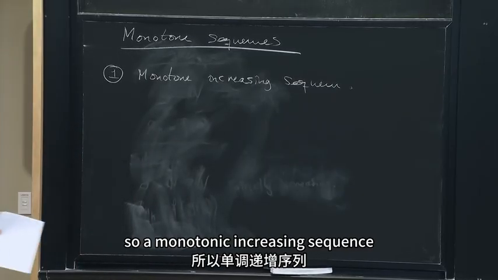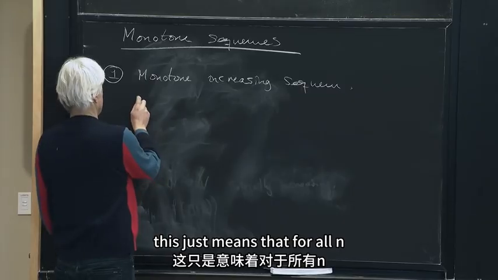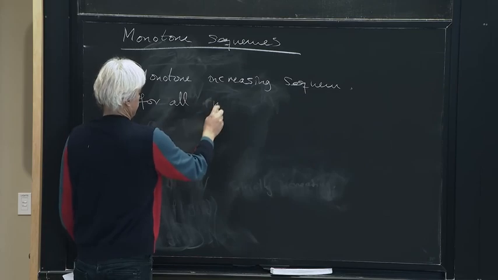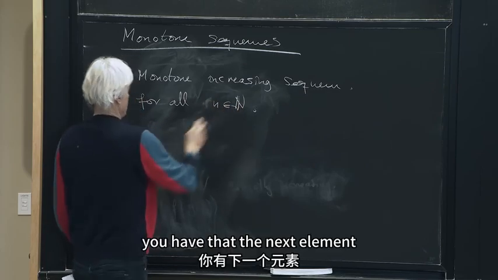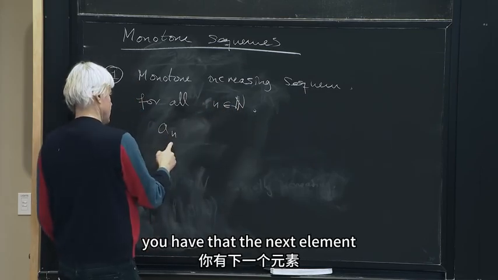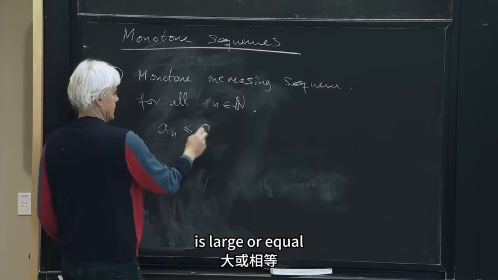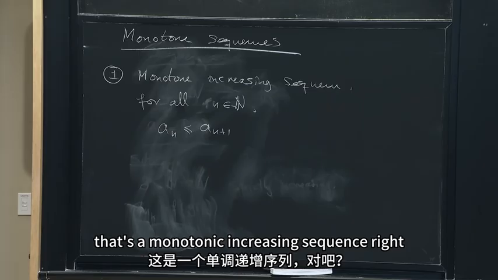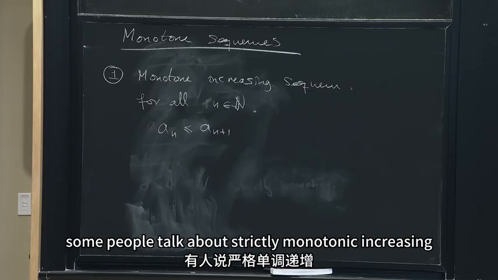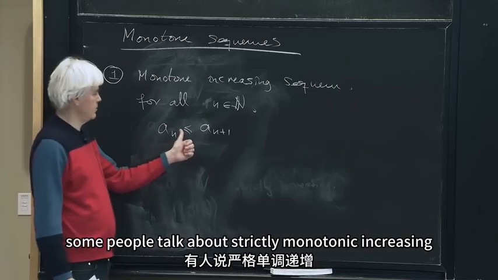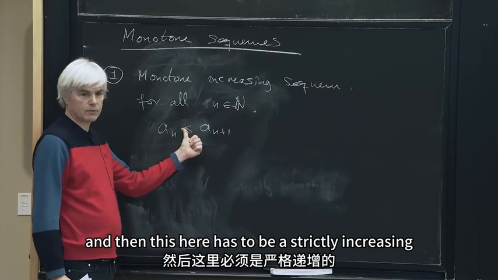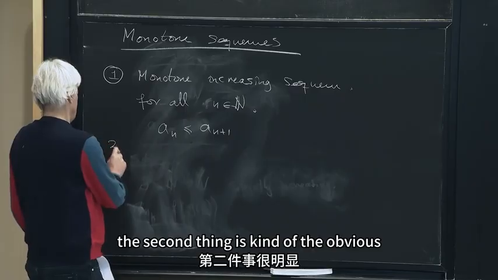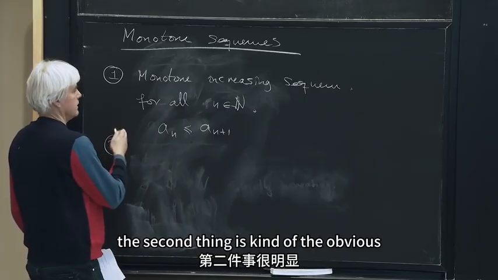A monotone increasing sequence just means that for all n, the next element is larger or equal to the previous element. Some people talk about strictly monotone increasing, and then this has to be strictly increasing.